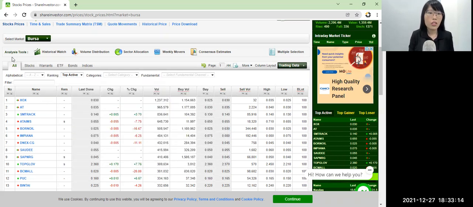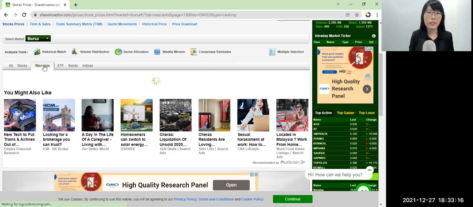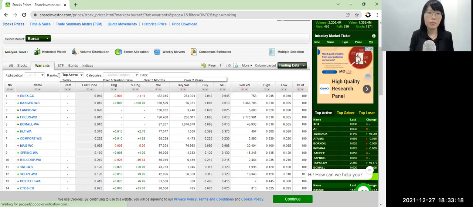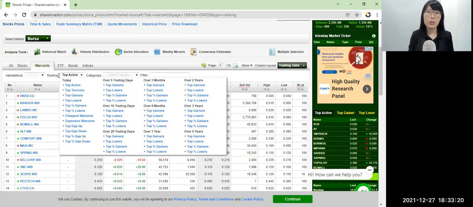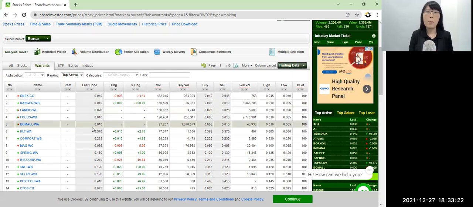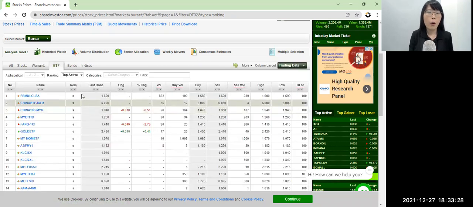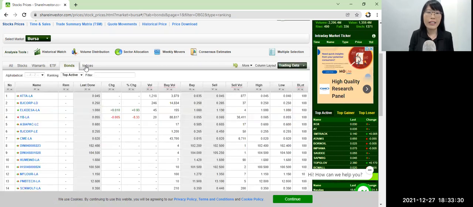Besides stock, you also can look into warrants. So you can see which are the best performing warrants for today, or you can go to the ETF markets, bond markets, or indices.